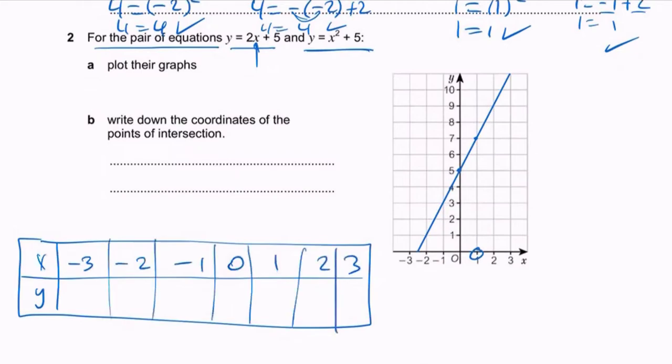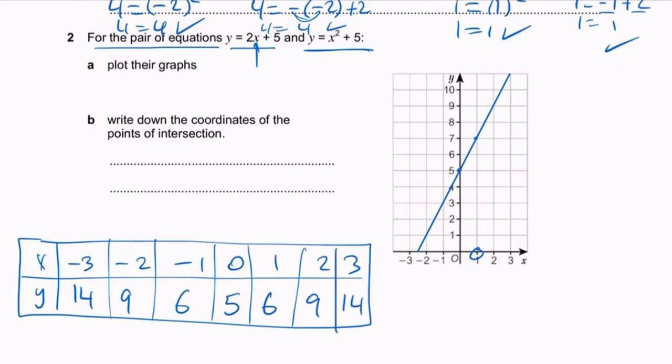So x squared plus 5: negative 3 squared, 9 plus 5, 14. Negative 2 squared, 4 plus 5, 9. Negative 1 squared plus 5, 6. 0 squared, 0 plus 5, 5. 1 squared, 1 plus 5, 6. 2 squared, 4 plus 5, 9. 3 squared, 9 plus 5, 14.